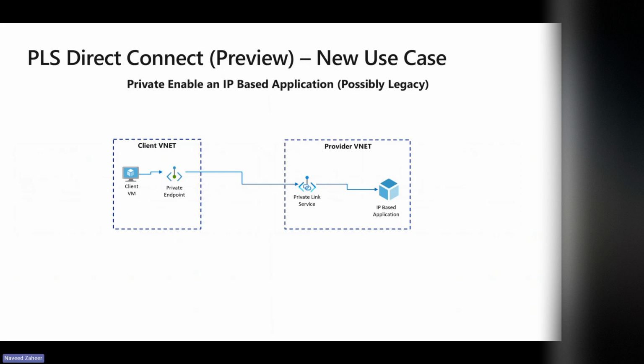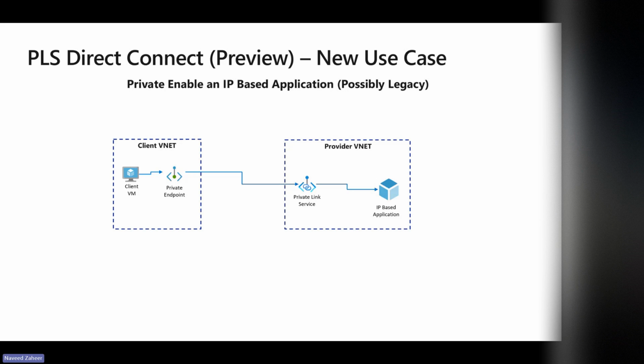And these are some of the new use cases that are now supported. For example, you have a legacy application running inside a VNet. It has a private IP that you use to access it. You want to expose it over a private endpoint.